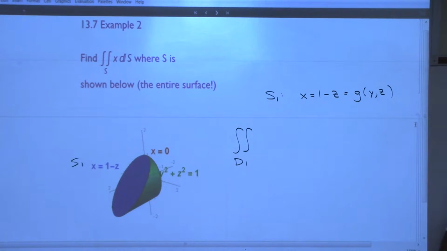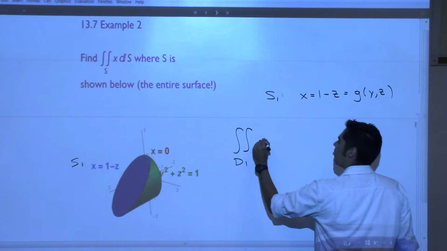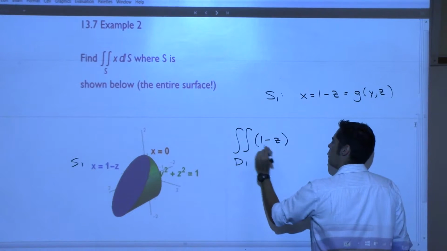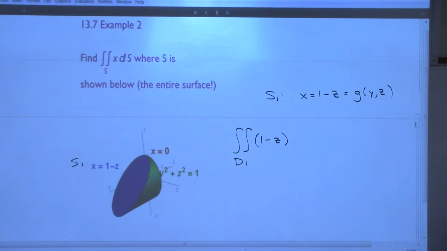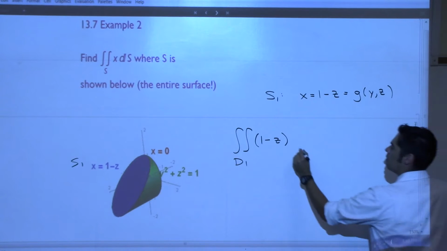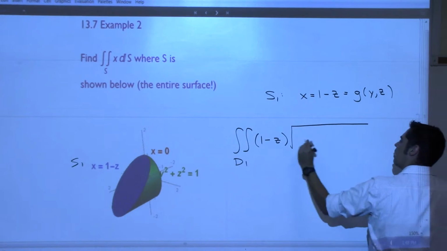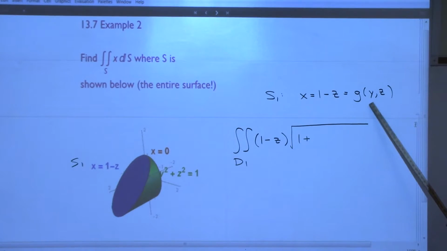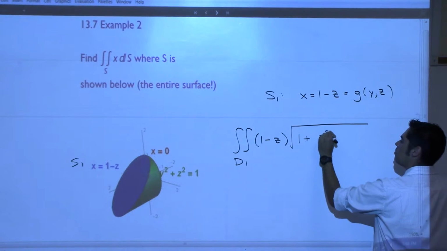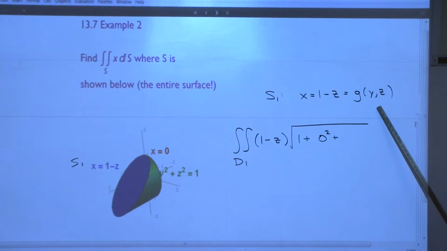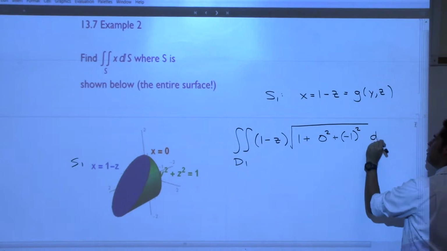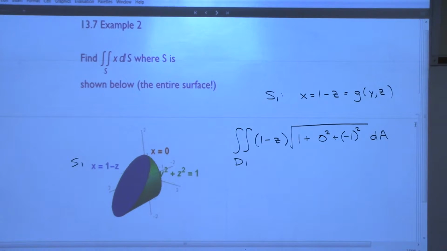So 1 minus z. And then square root of 1 plus partial of g with respect to y, 0, squared, plus partial of g with respect to z, -1, but then squared, dA. Got it?